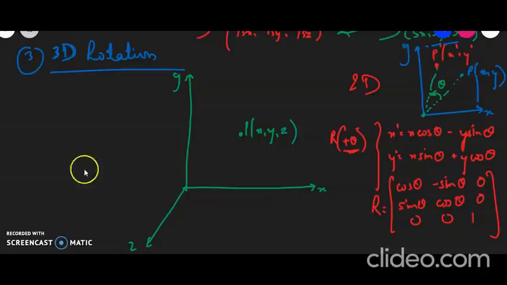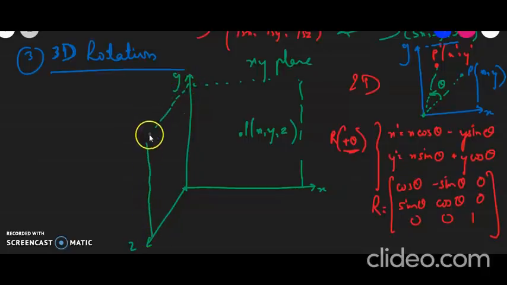But when I talk about three dimensions, I have got one plane as my XY plane. I have got another plane as this plane, this is the YZ plane. And I've got my third plane as this plane, and this is the XZ plane, right?